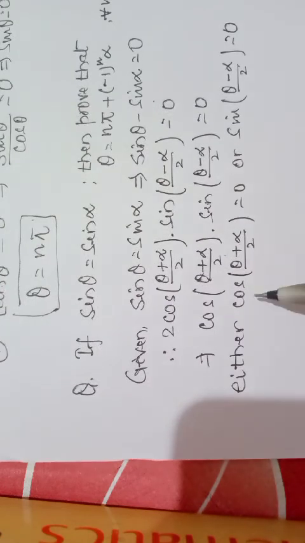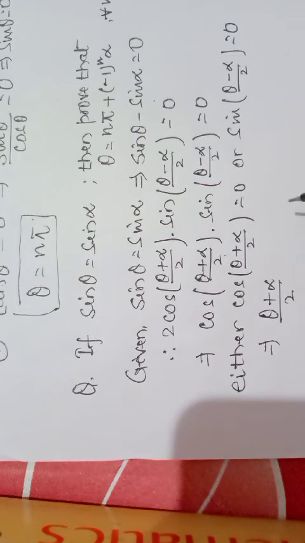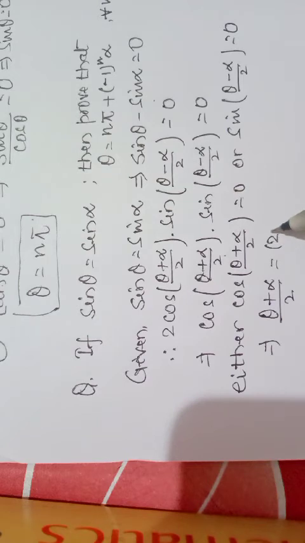We have just seen in the previous article that cos theta equal to 0 means theta is equal to (2n plus 1) pi by 2. Here theta is given as theta plus alpha by 2, so it should equal (2n plus 1) into pi by 2.